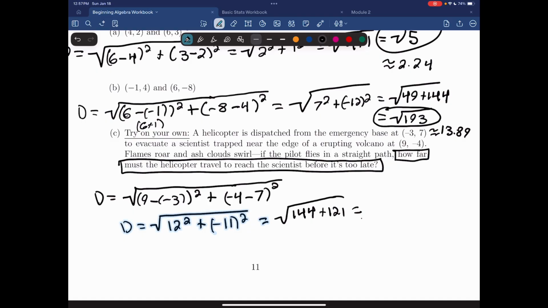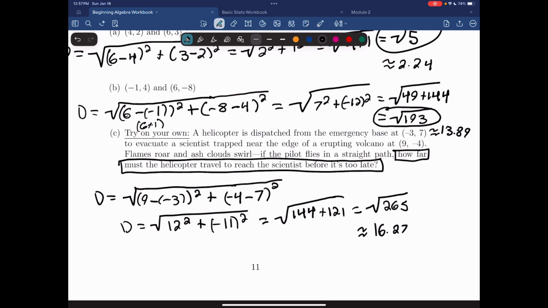And 144 plus 121 is 265, so the square root of 265. To approximate so we can get a better idea of what this looks like, that would be 16.27.